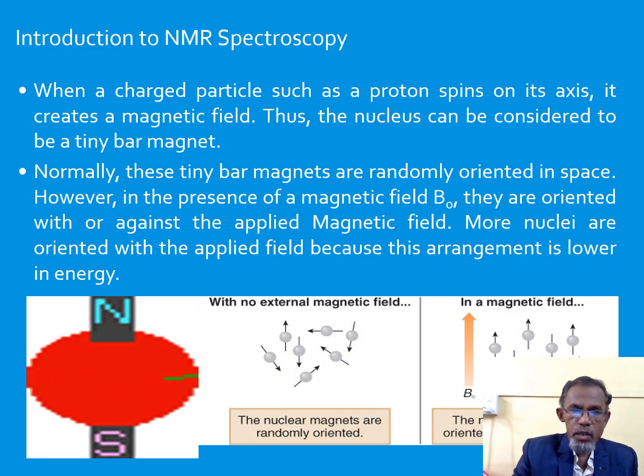If you look here, before application of the external magnetic field, the nuclei are in random motion. On application of an external magnetic field, the nuclei are oriented with the direction of the applied magnetic field.